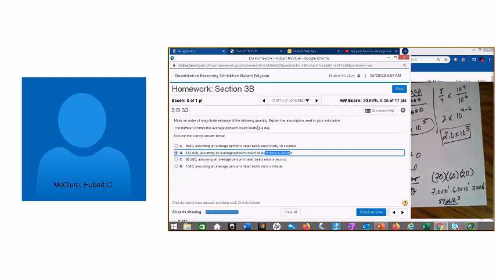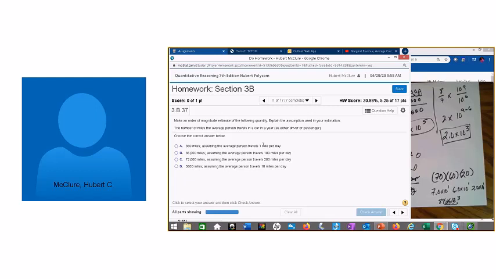I don't like that question. What they should say is, assuming your pulse is 70 beats per minute, how much does your heart beat in 1 day? Not go read each answer and type in each answer. That's not a good question. Let's move on. That's not a test question.